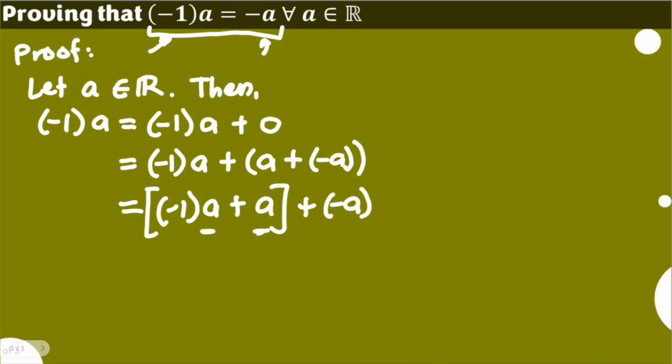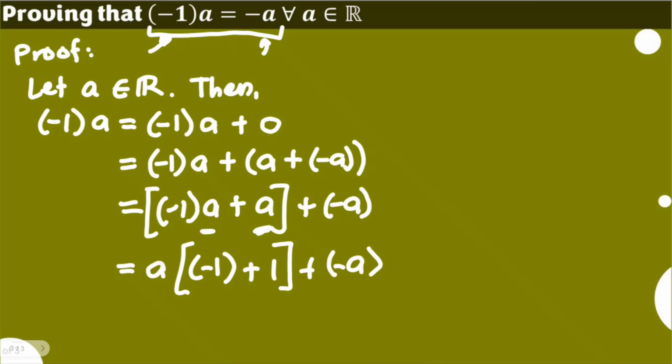So we have the reverse of the distributive property, as we have common terms. So we can factor a, leaving on the first term just -1, and since once we factor a here, we leave it with 1 in this case, plus -a.